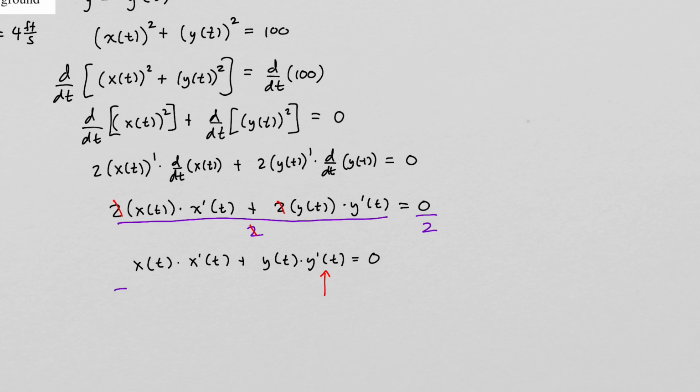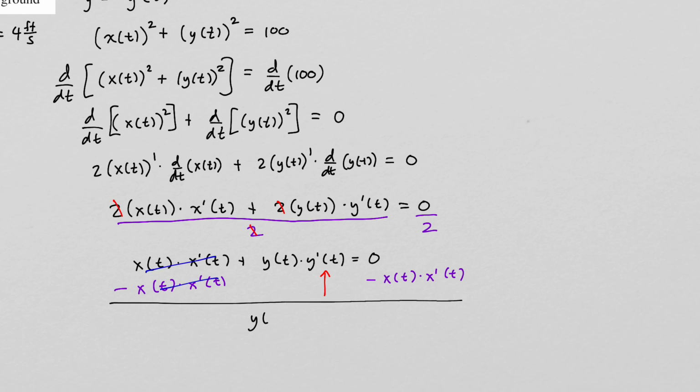So to solve here, I'm going to subtract x of t times x prime of t from both sides. And when we do this, these cancel out here. And we get y of t times y prime of t is equal to negative x of t times x prime of t.